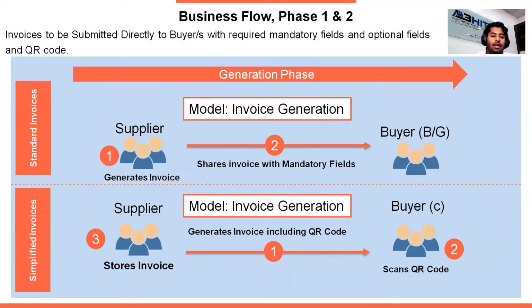For the simplified tax invoice, the supplier generates the invoice, including the QR code and mandatory fields, and shares it with the buyer. For this simplified tax invoice, a QR code is mandatory. Without it, an invoice would be considered invalid.